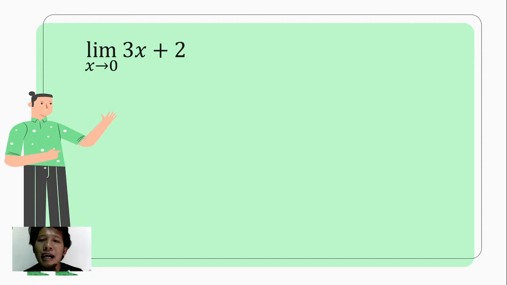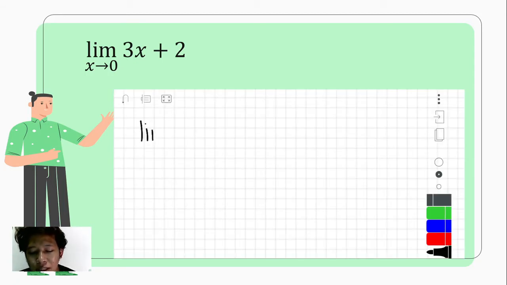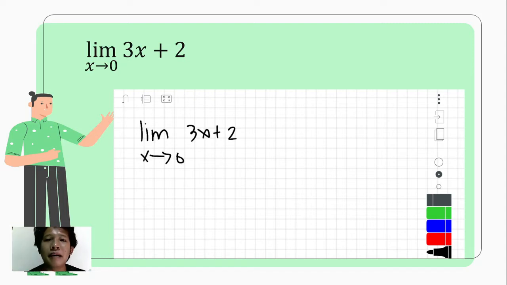Okay? So, in this case, we will try to make a table of values kung saan ipapakita natin yung x ay nag-a-approach talaga sa 0. So, from our given, we have the limit of 3x plus 2 as x approaches 0. So, tulad ng sinabi ko kanina, mag-approach tayo sa dalawang scenario.